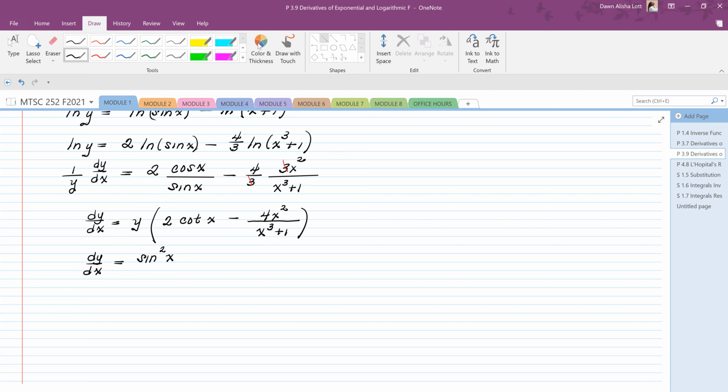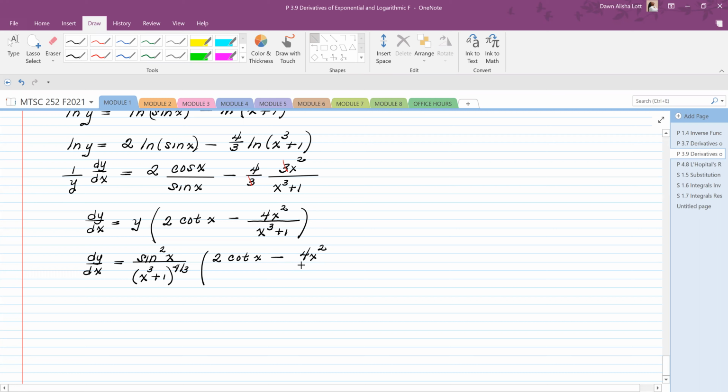And then in the denominator, I have x cubed plus 1 to the 4/3 power. And that's all multiplied by 2 cotangent of x minus 4x squared divided by x cubed plus 1.